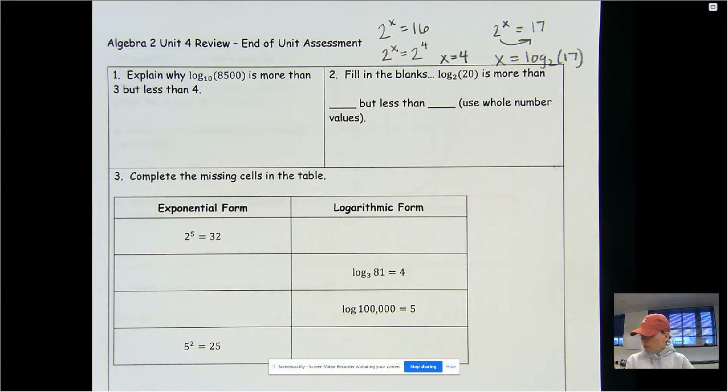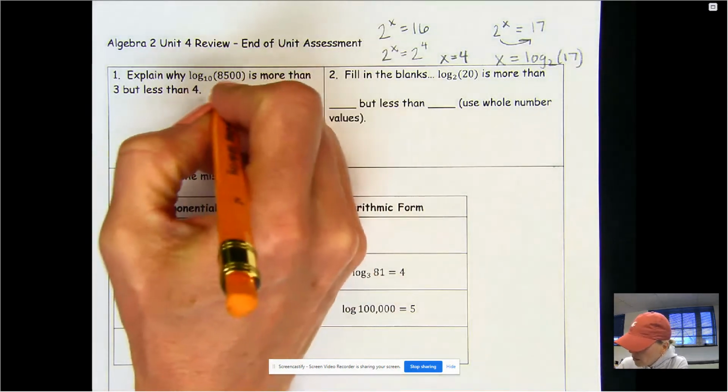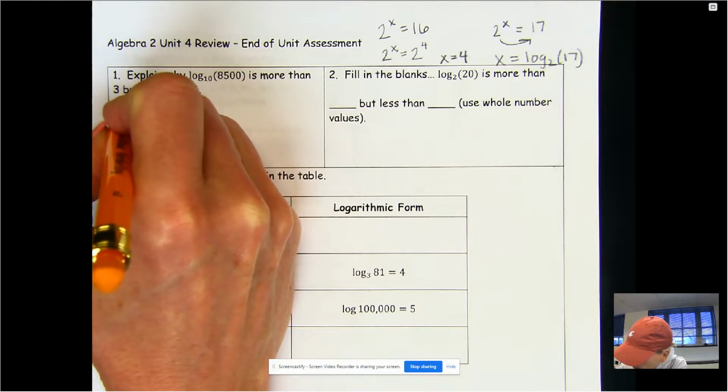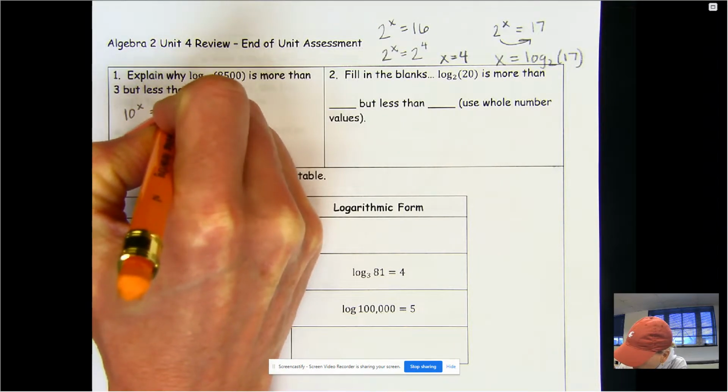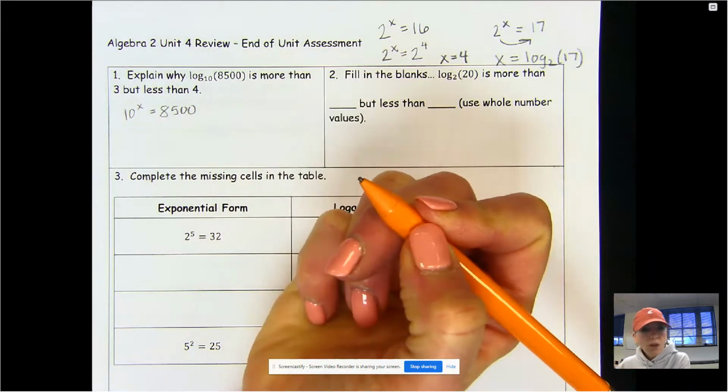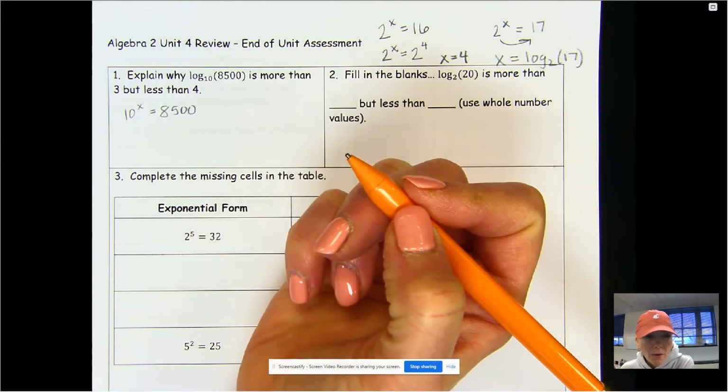So first of all, explain why log base 10 of 8,500 is more than 3 but less than 4. For log base 10 of 8,500, there is some value x such that 10 to the x is equal to 8,500. Well, I know the powers of 10.